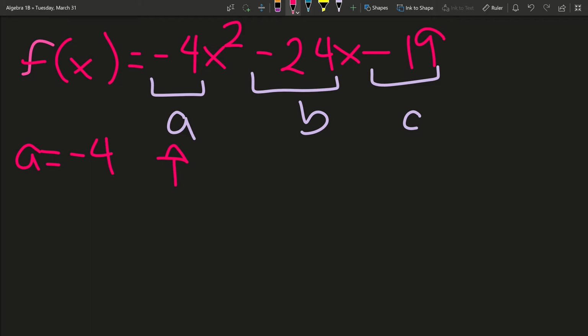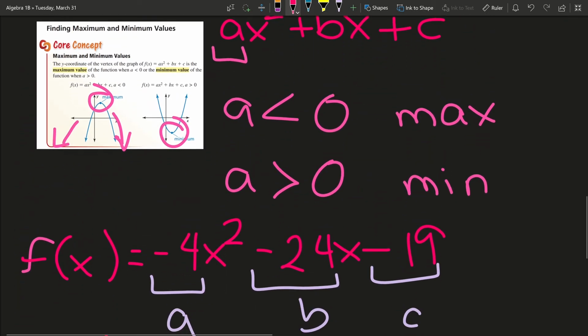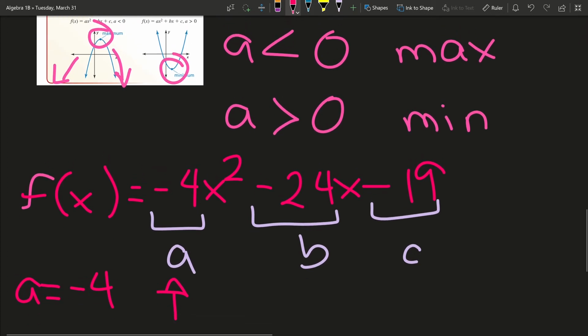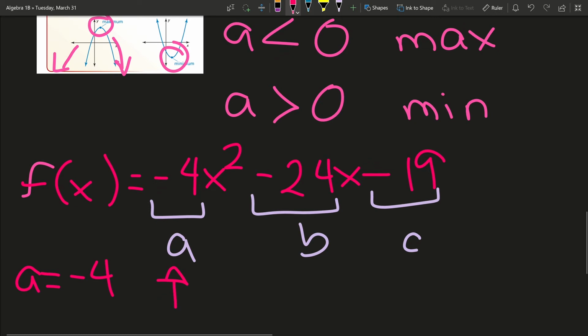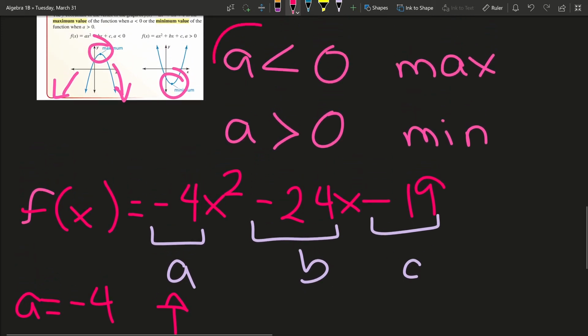So how can we use this information? Well, we learned here that if a was less than 0, we'd have a maximum, and if a was greater than 0, we'd have a minimum. So let's take a look at negative 4. Is negative 4 greater than 0 or less than 0? Negative 4 is less than 0, so that falls into this one.